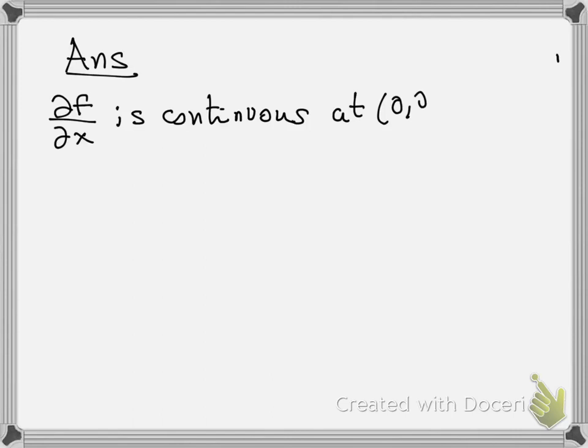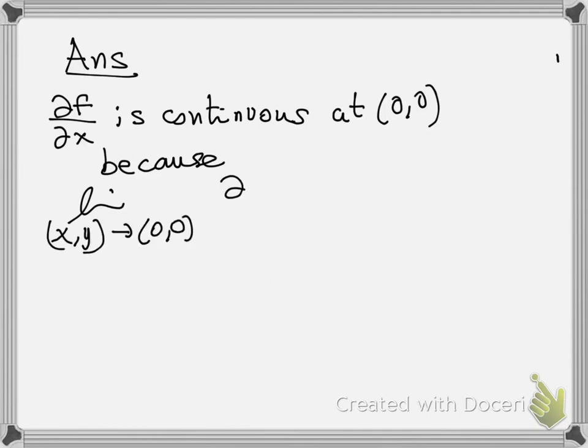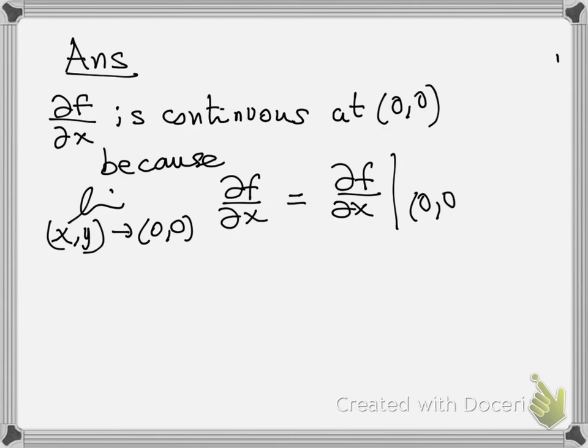So partial f partial x is continuous at 0, 0 because the limit xy going to 0 of partial f partial x is equal to partial f partial x at the point 0, 0. Okay, so yes, it's continuous.